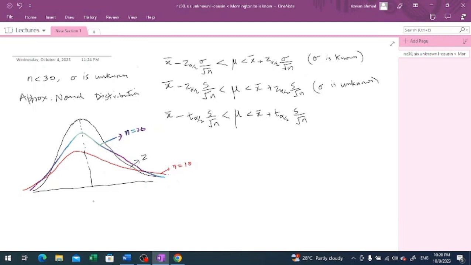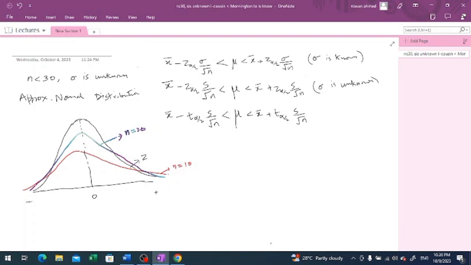As far as the common characteristics of Z and T distributions are concerned, both have the zero value in the center. T and Z both have negative values on the left part of 0, and both have positive values located above 0. In this manner, both T and Z distributions have similar characteristics.